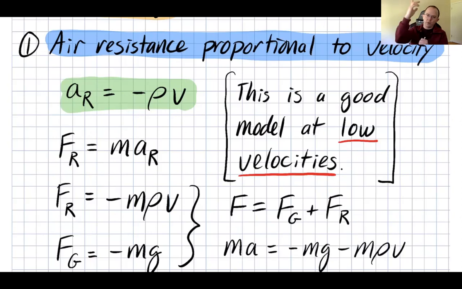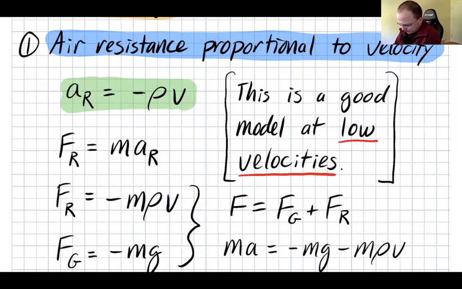They shoot a crossbow up in the air and look at what these two different models say. They show that if you plot the two solutions, visually they're basically the same, and the values are just slightly different. That's why at low velocities, this is a good model. Okay, so let's go through this.